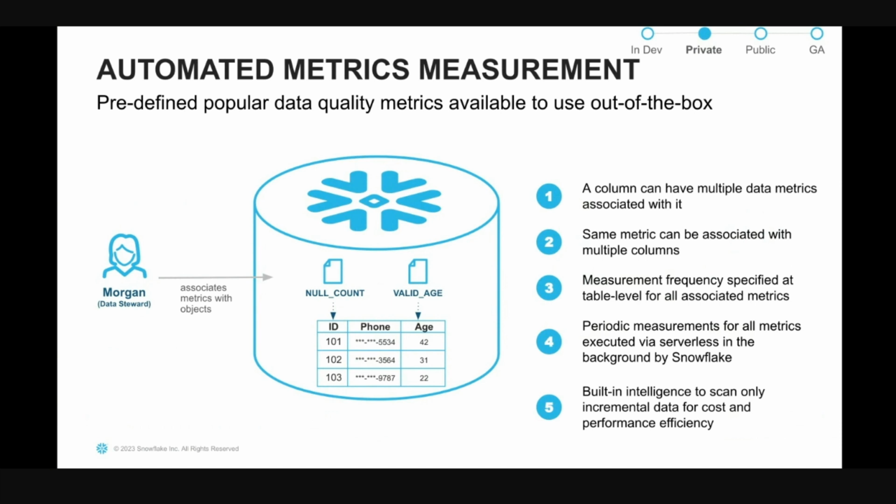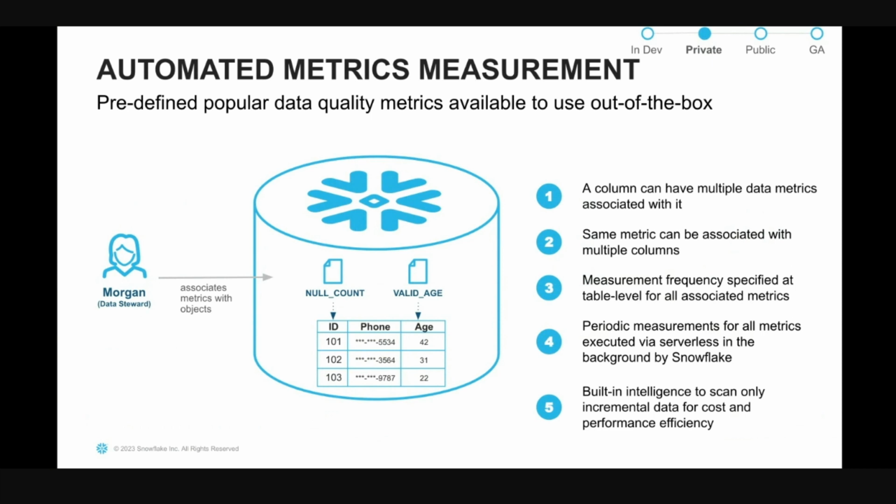So this is where Morgan, the data steward, is now associating these metrics: the null count check, associating it with the ID column, and then a valid age, which she's associating with the age column. As I said earlier, we are pushing for define once, use multiple times.